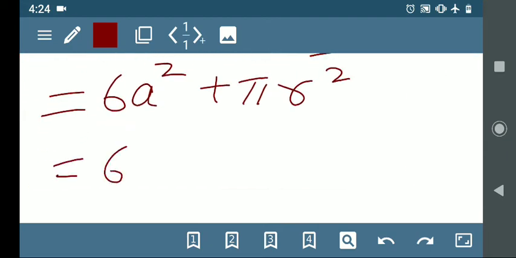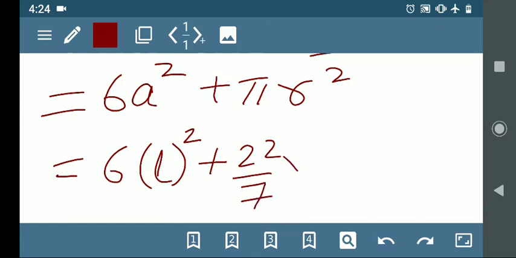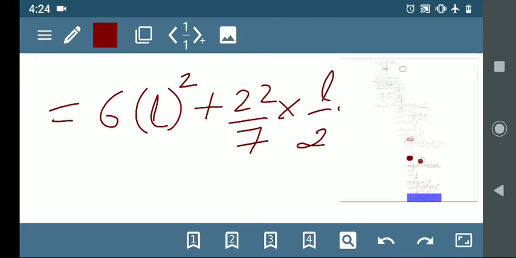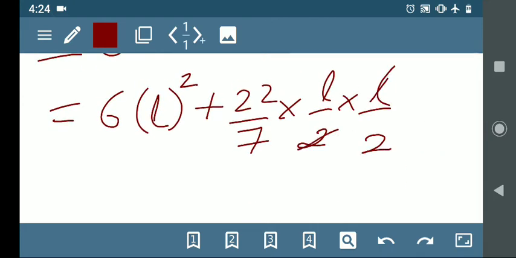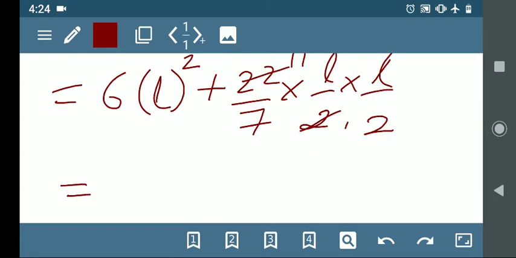Radius is L by 2 into L by 2. So 2 ones are 2, 11s are 11, which is equal to 6 L square plus 11 L square over 14.